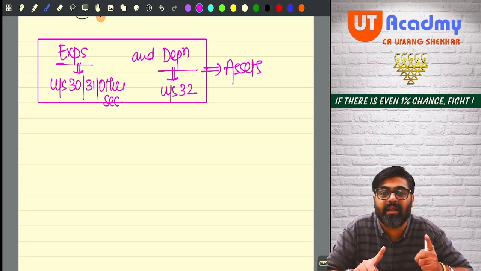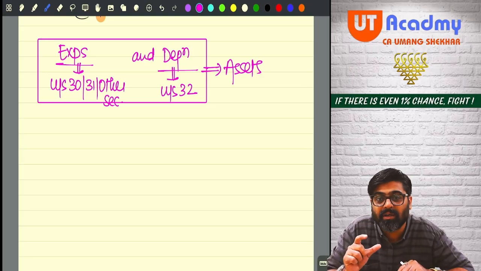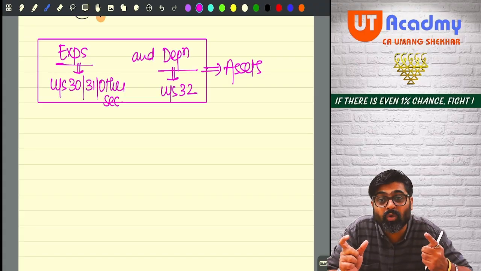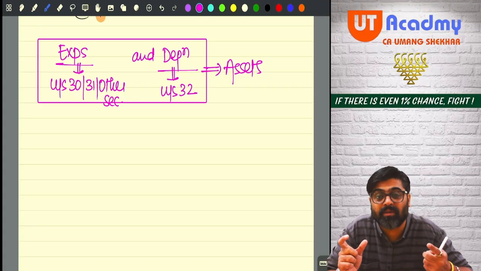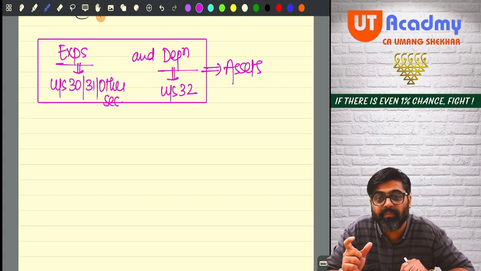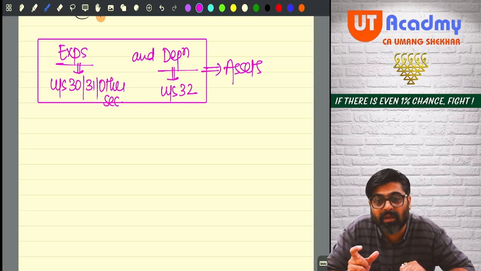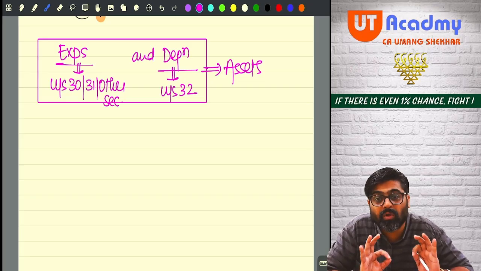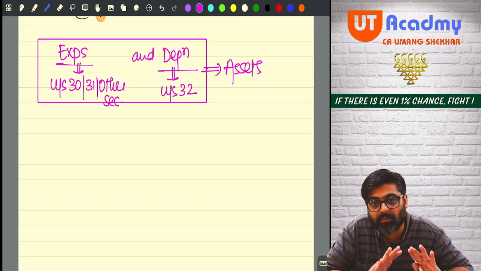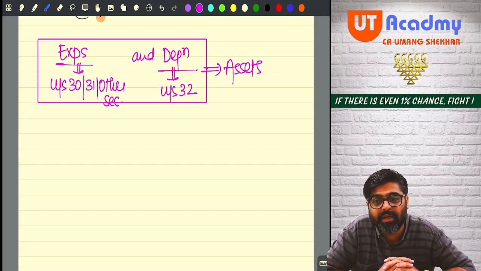Only 2/3 can be claimed as a deduction. The 1/3 proportionate amount which relates to the use of the motor car for personal purpose cannot be claimed as a deduction over here. And even the 1/3 depreciation of that motor car will be disallowed. Getting my point? Only 2/3 expense or 2/3 depreciation of that motor car can be claimed. This is section 38. Will you remember?